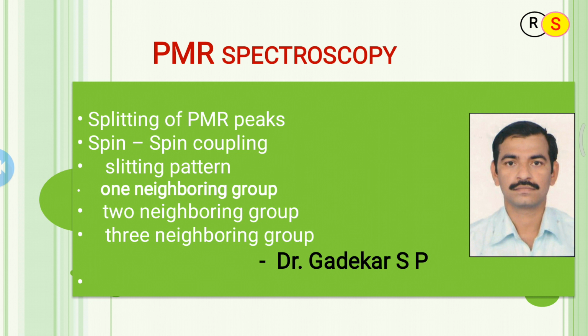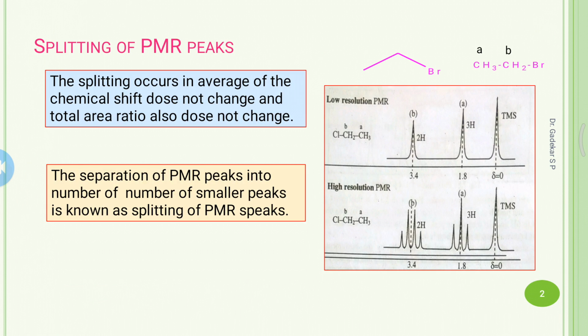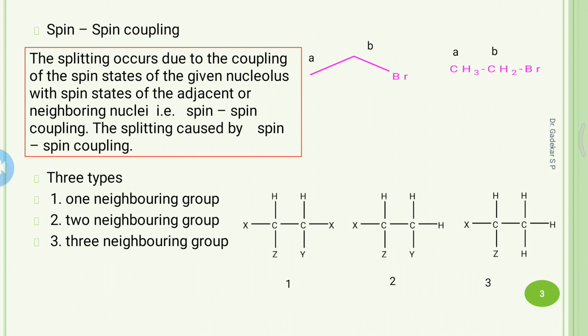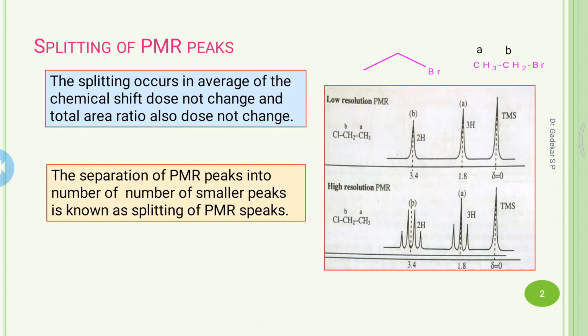So today we discuss splitting of PMR peaks, or spin coupling. As an example we take ethyl bromide. How many signals are observed in its PMR spectrum?